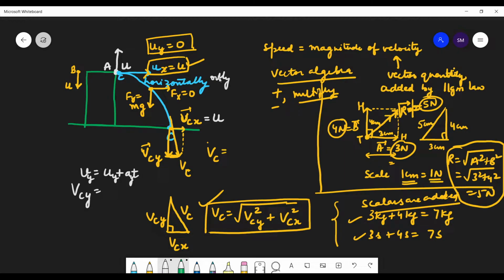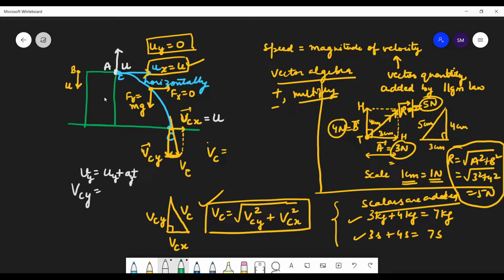So that is why uy is 0 plus ay into t. So that will be equal to, but we don't know t here, students. That's the problem. So instead of using this formula, we will be using v square minus u square.